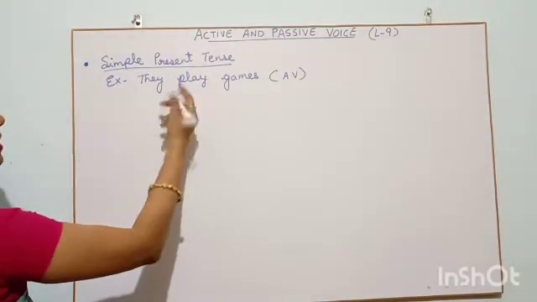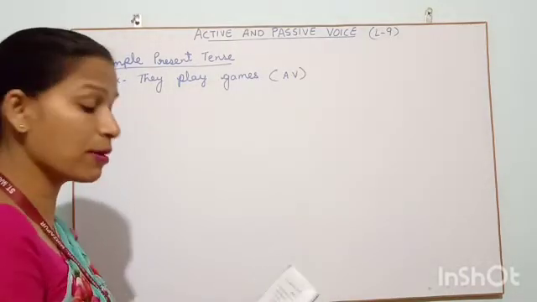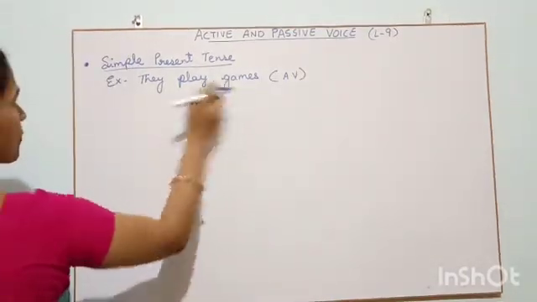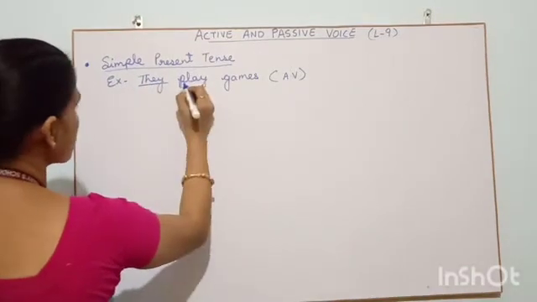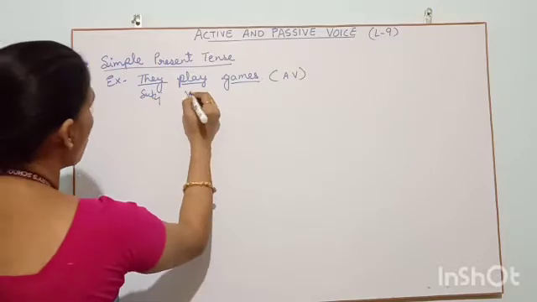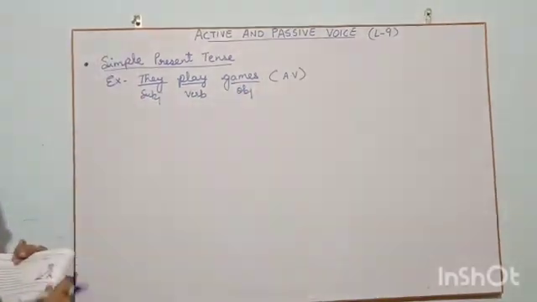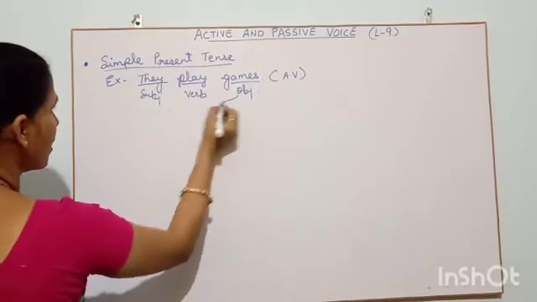Now I want to change the same sentence into passive voice when my sentence is in simple present tense. Let's talk about these three things first quickly: subject, verb, and object. Shall we do it? Then let's come.